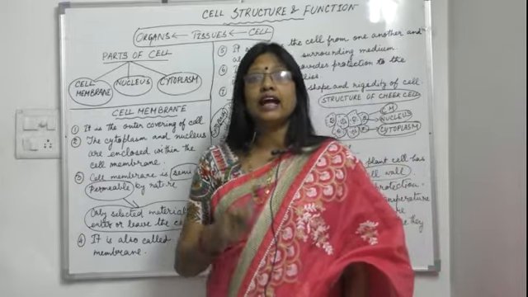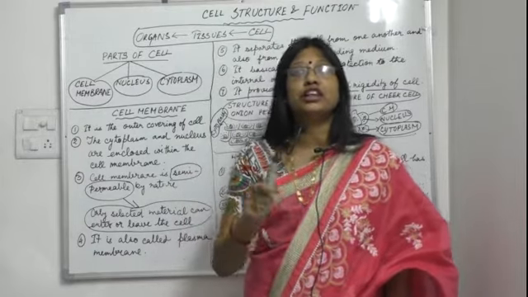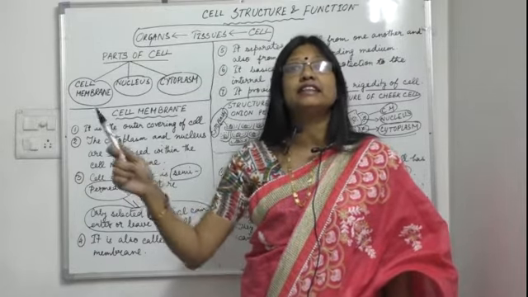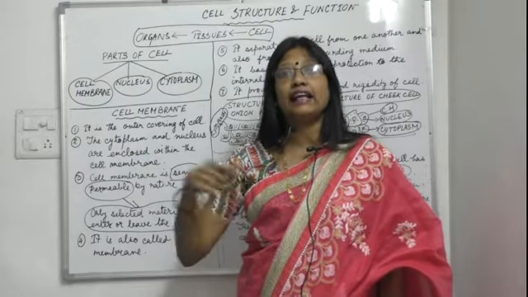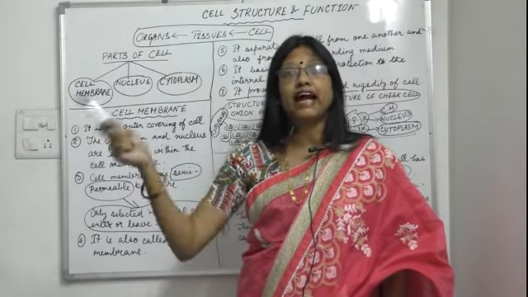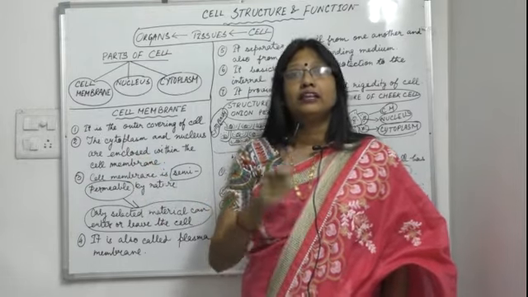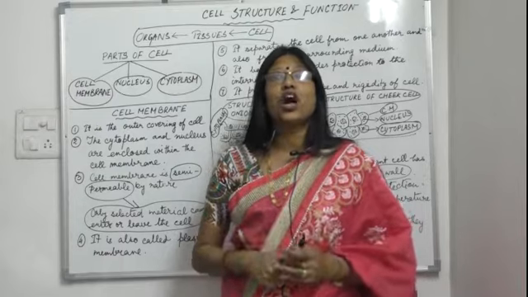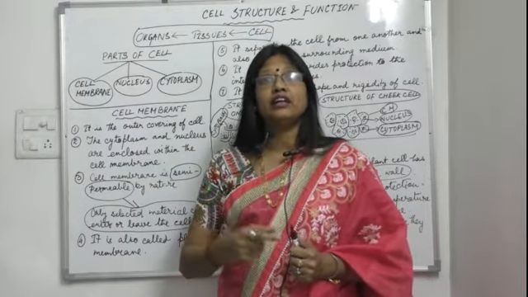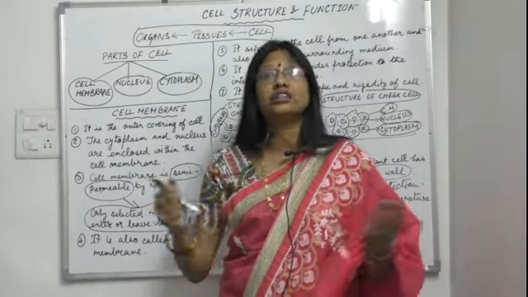Why is the semi-permeable nature of the cell membrane needed? Because otherwise anything could enter and leave the cell. That would be dangerous for the cell. It is not the right thing for the cell's protection.